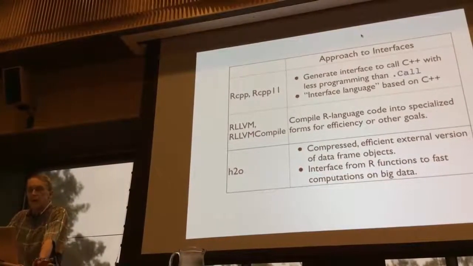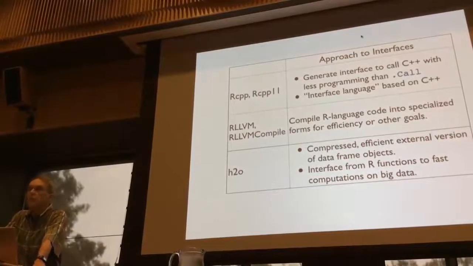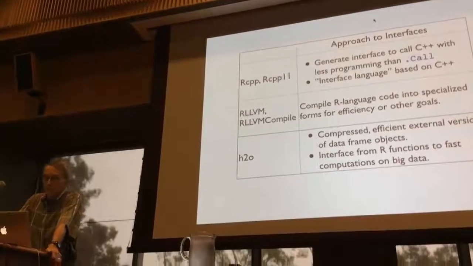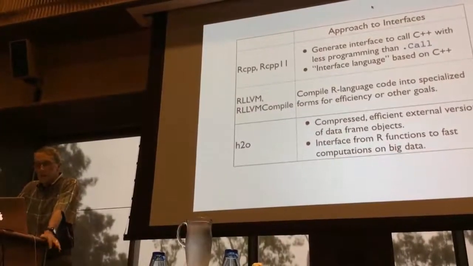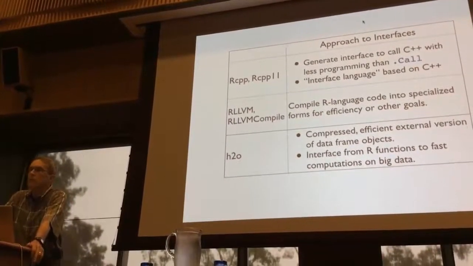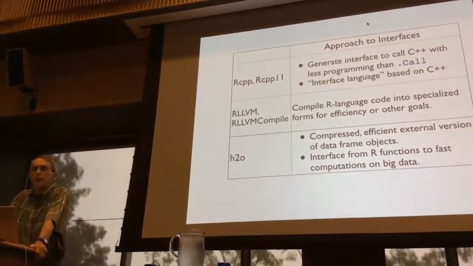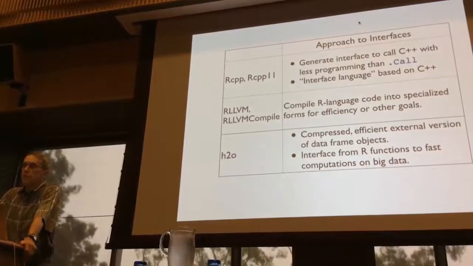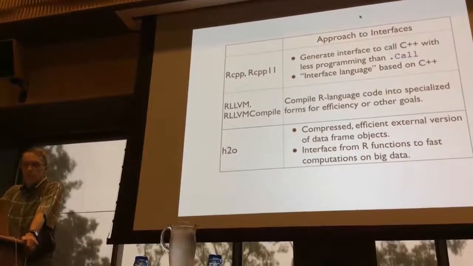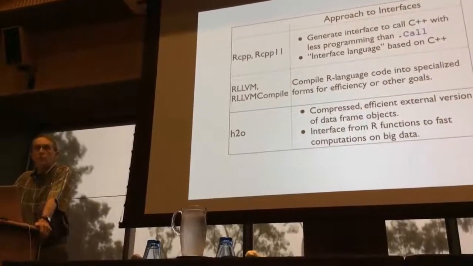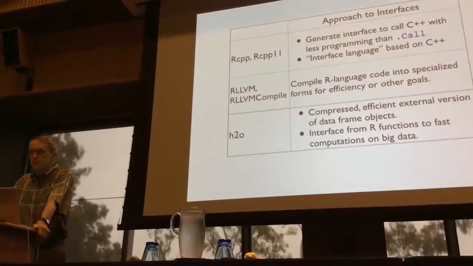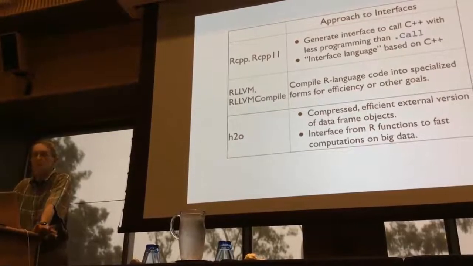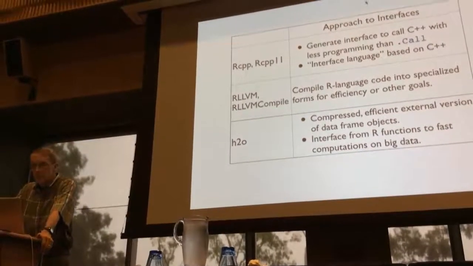They're compressed and highly efficient versions of certain specialized classes, specifically the data frame class of objects in R. And that using that data structure, you can then make use of existing interface to functions corresponding to R functions, but written in a very efficient, compressed form, making use of particular computing models, specifically Hadoop, that will do certain computations very fast. So those, I think, are three.